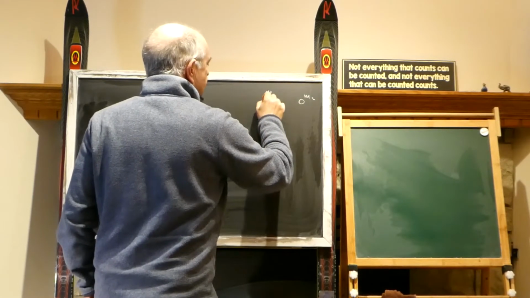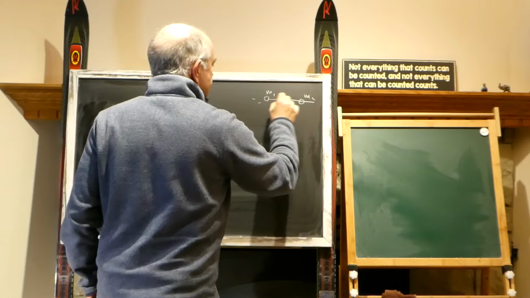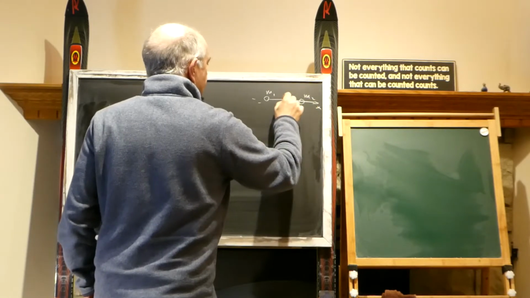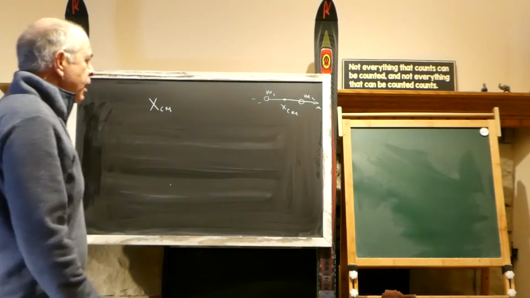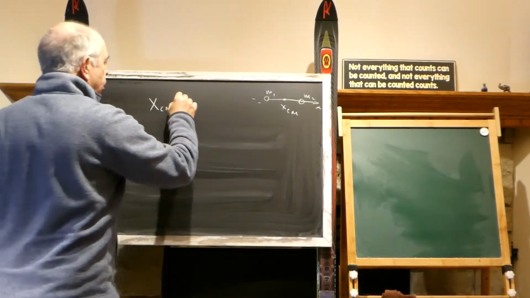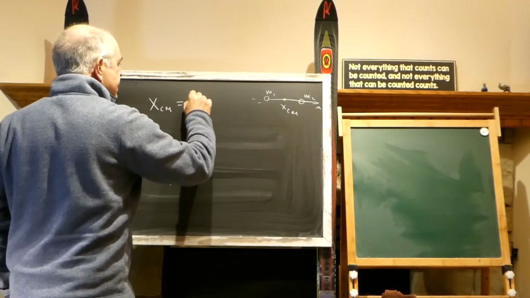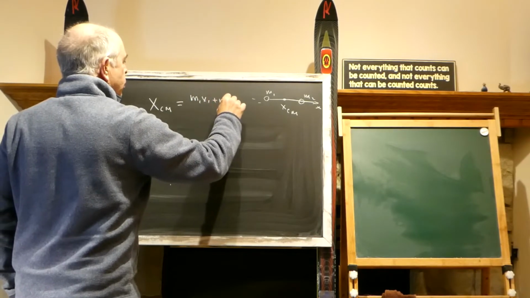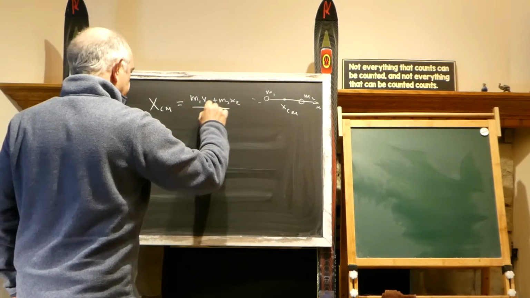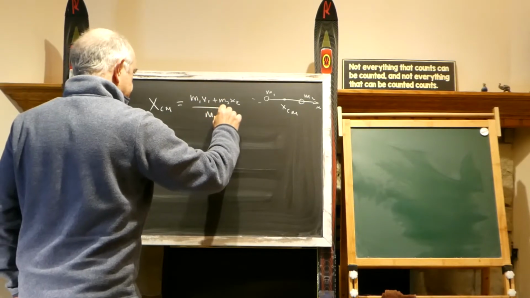And let's say we're interested only in this axis, X. And there is somewhere a center of mass. So this formula for center of mass is M1 x1 plus M2 x2 divided over M1 plus M2.